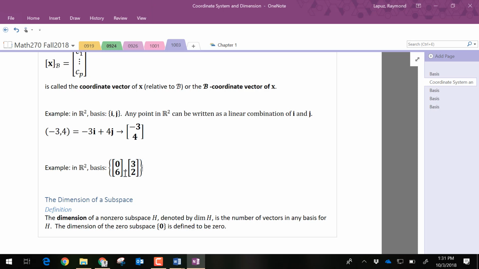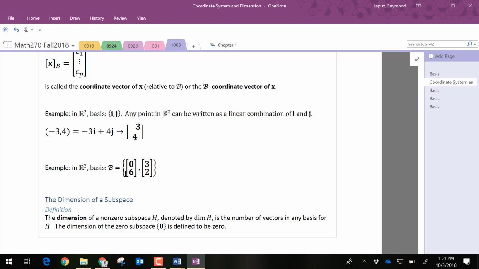And so now, since this is not the standard basis, I can call this another basis. Let's call it script B, or the fancy looking B. So let's say this is a basis for me. Okay?